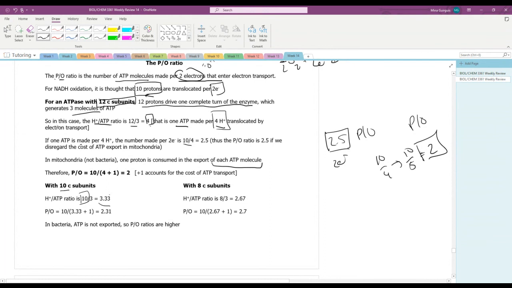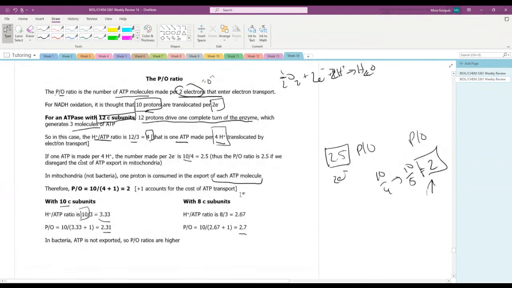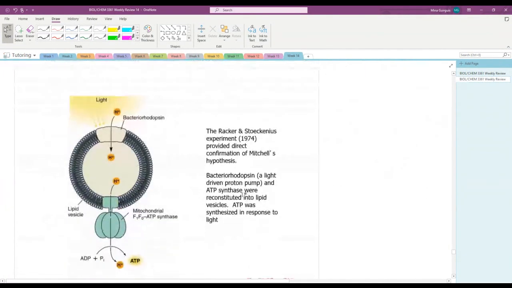Per 2 electrons, you make 3.33 ATP molecules. And so your overall ratio with only 10 subunits would be 2.31. And with 8 subunits would be 2.7. We make 2. So this is just kind of an indication that if we had different numbers of subunits, we could get more energy out of that ATP.